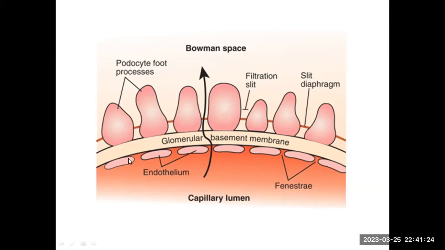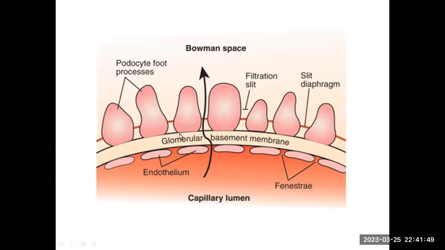As you can see, the endothelial layer is fenestrated. There are fenestrations on the endothelial layer, and that means this layer is porous. These pores are around 70 to 100 nanometers. So in order for substances to cross this layer, they must have the right size to cross this 70 to 100 size barrier provided by the endothelial layer.